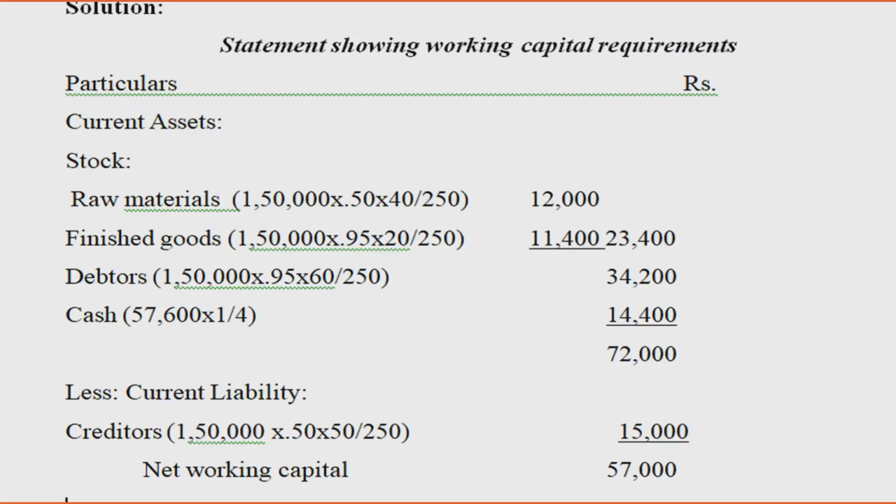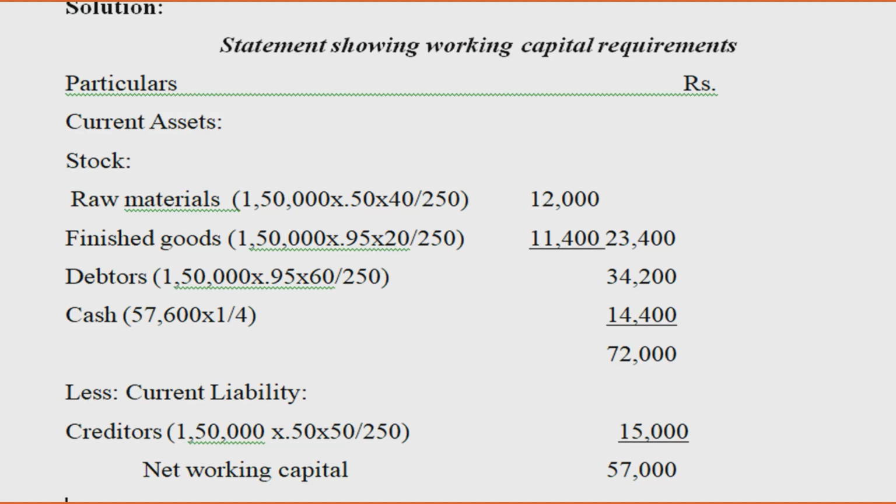The remaining current assets are 23,400 plus 34,200, which is 57,600. From that 57,600, 1 divided by 4 you will get 14,400.